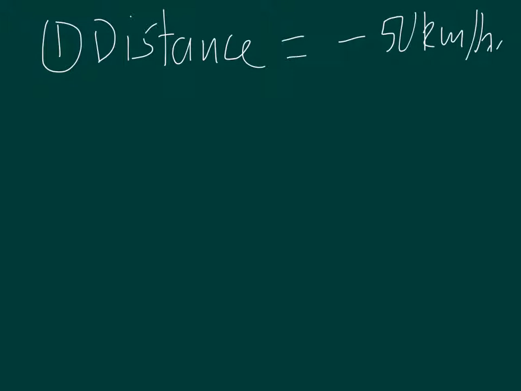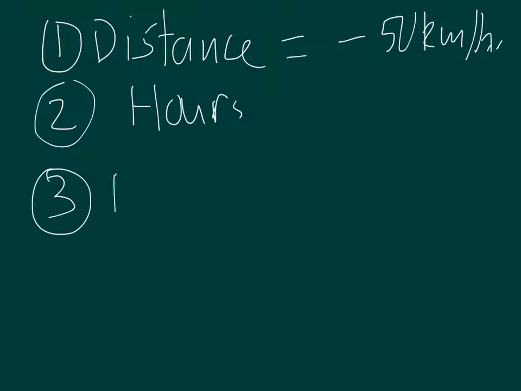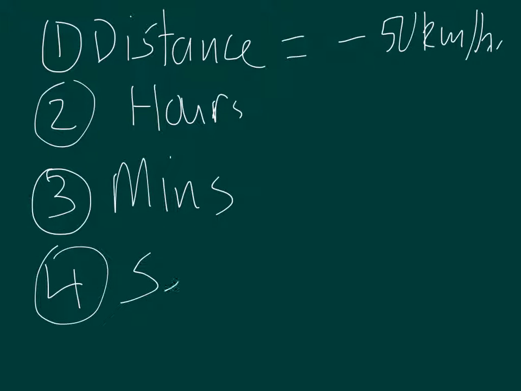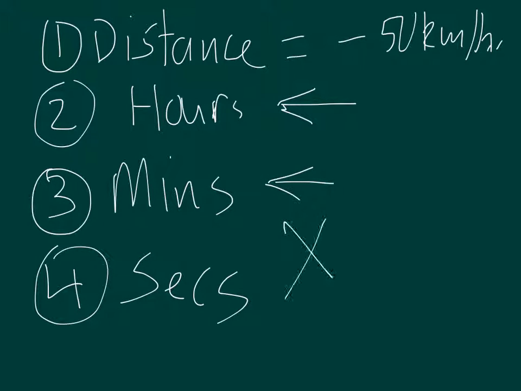Step two is figure out the amount of hours. And you do that by a simple conversion, 100 kilometres per hour. Step three is figure out the minutes. And step four is you figure out the seconds. Now, if it comes out nice and even and it stops at either of these two steps, obviously you don't keep going down to the third step here at seconds. But chances are you're probably going to have to go down to that third step there at seconds.